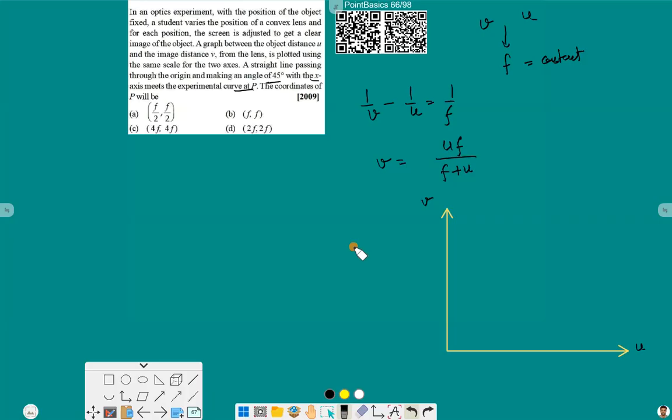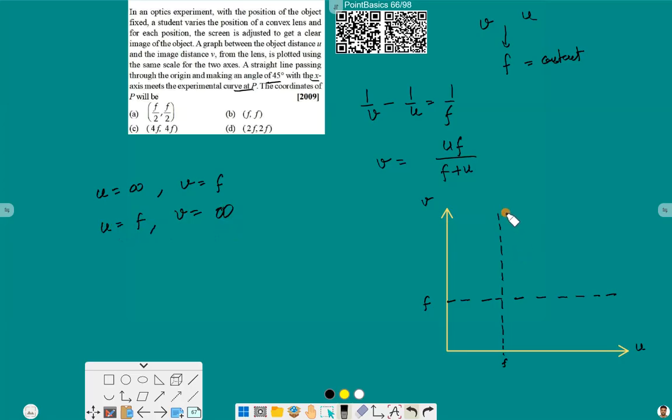So let us first discuss two cases. First one is that if u is infinite, meaning the object is at infinity, then we know that v is equal to f. So for that, let us mark a line here. Suppose this represents f on the u axis, and this represents f on the v axis. And the reverse is also true, that if u is f, then v will be equal to infinite.